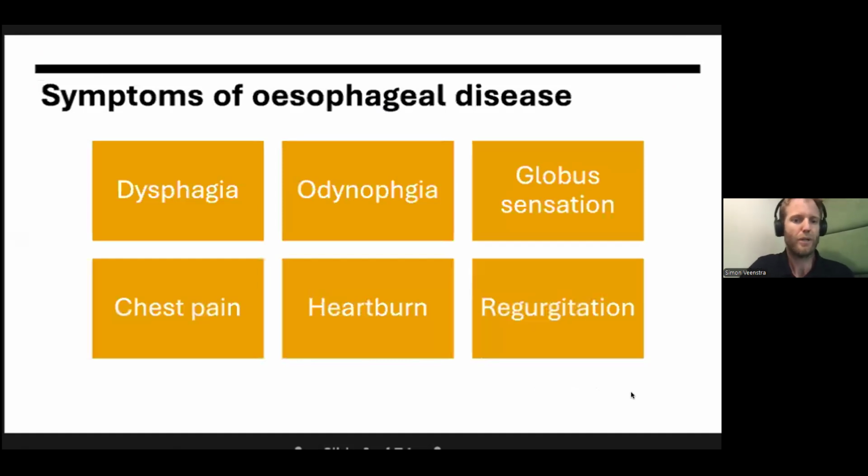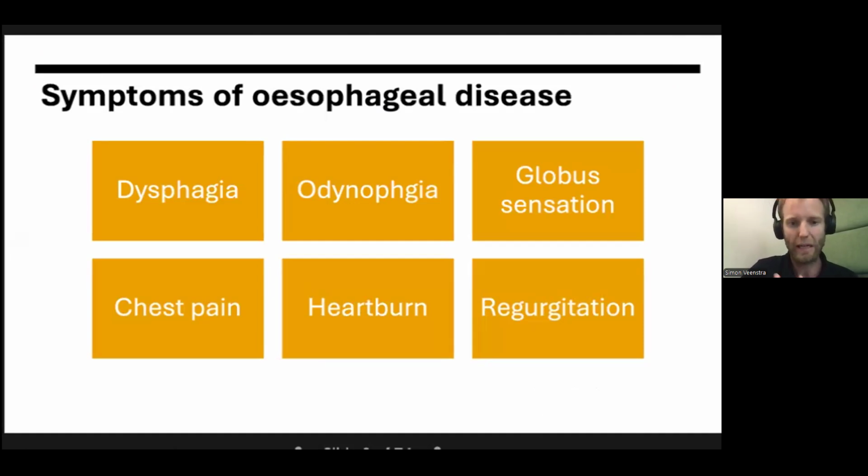When it comes to what patients may report, there are obviously various symptoms that they may describe, and history is really critical in teasing out what the patient is implying when they say they're having difficulty swallowing. Painful swallowing, obviously we know that as odynophagia.